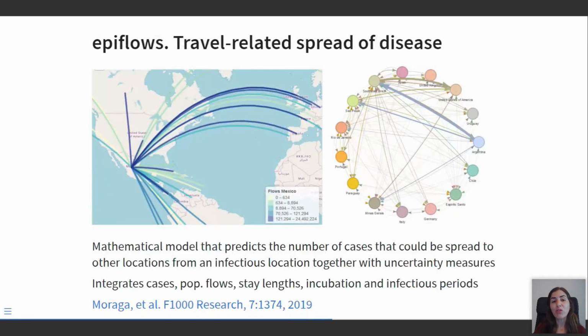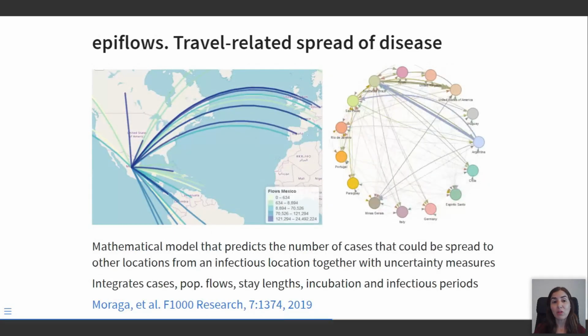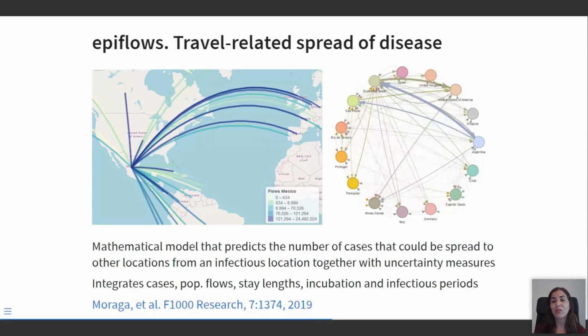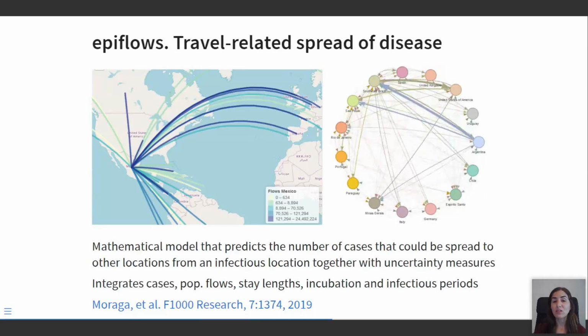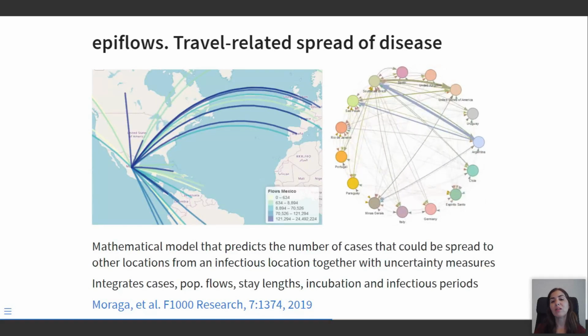I'm also co-author of a package called EpiFlows for risk assessment of travel-related spread of disease. As you know, infectious diseases may spread beyond national borders. People living in one location can go abroad and infect people abroad.